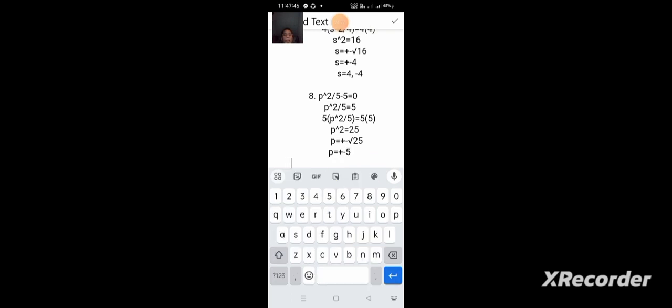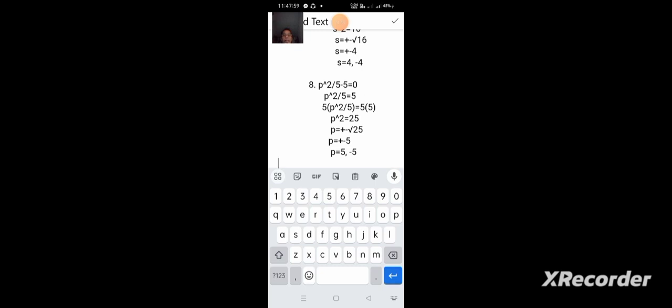Therefore now p has the value of 5 and negative 5.